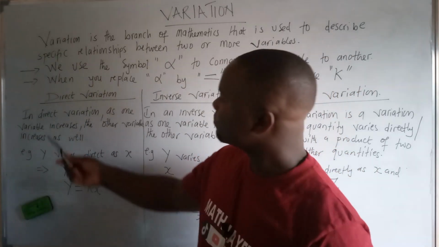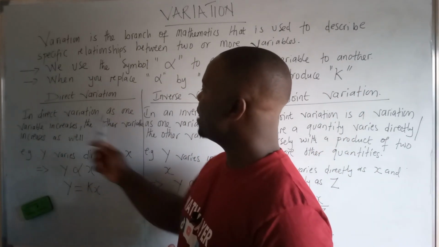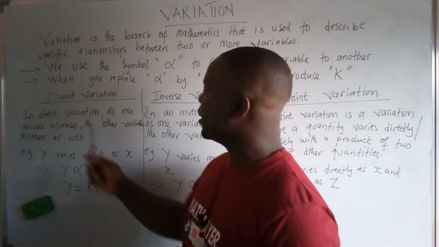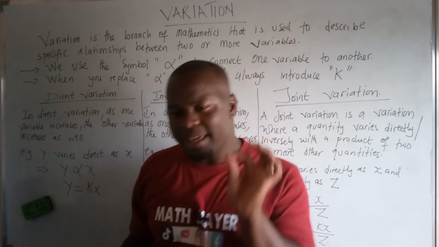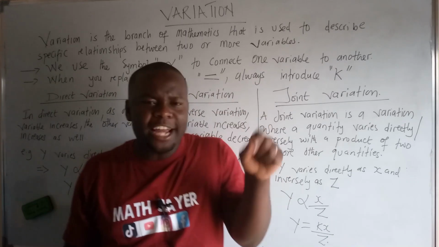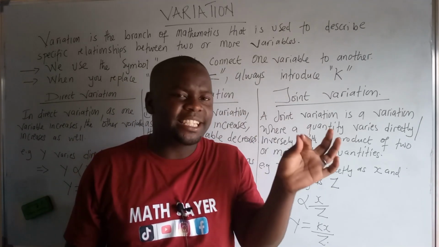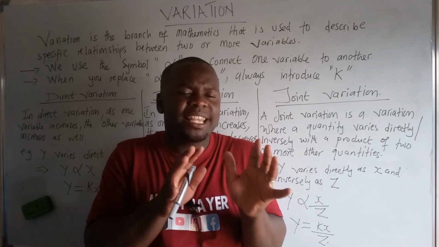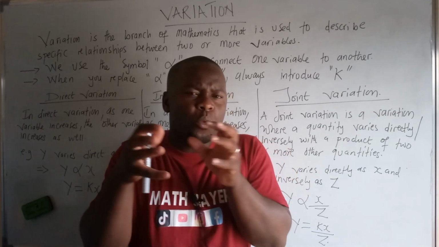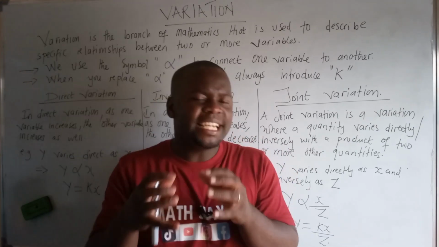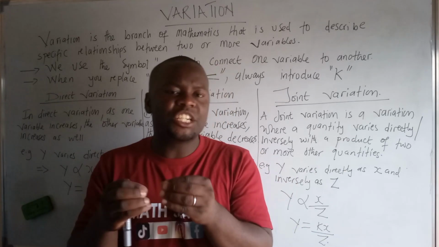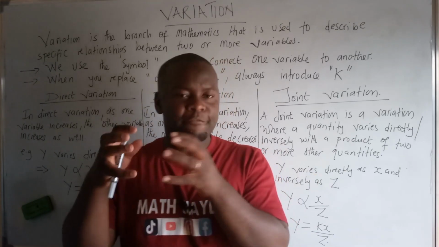So we are saying, in direct variation, as one variable increases, the other variable increases as well. Remember that I'm always referring to the definition of variation so that we can appreciate the relationship. Variation describes the specific relationship between two or more variables.